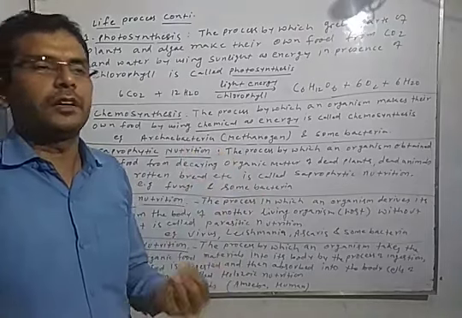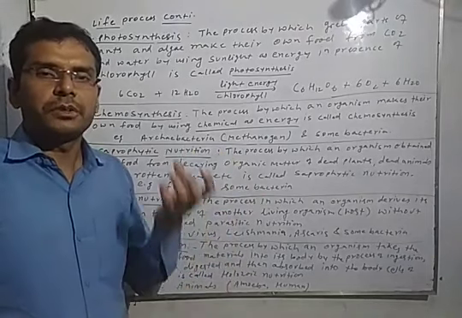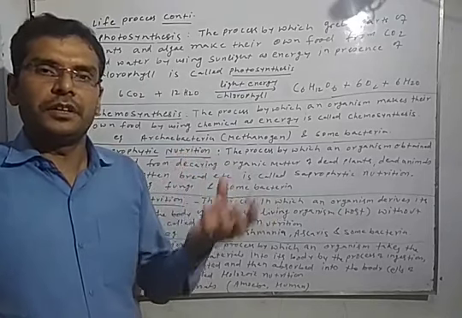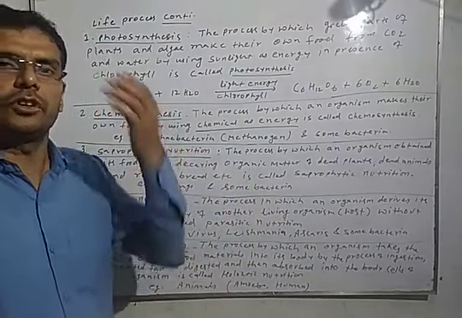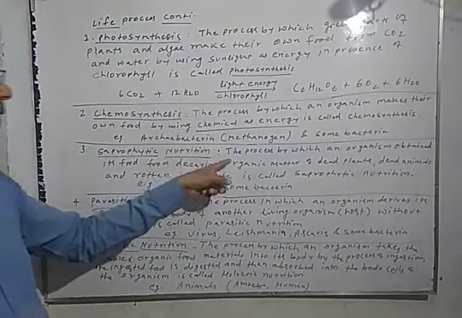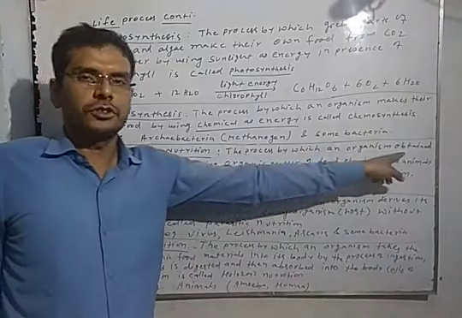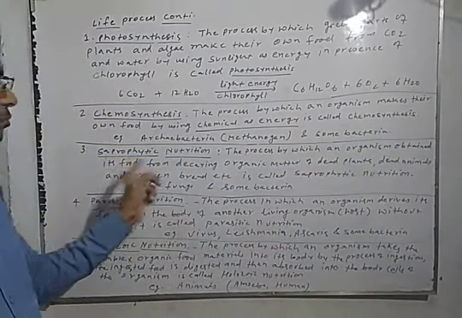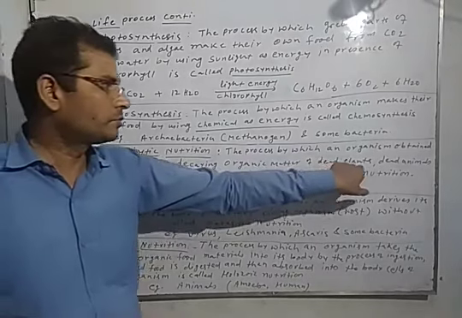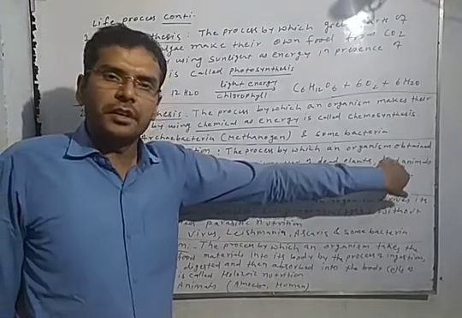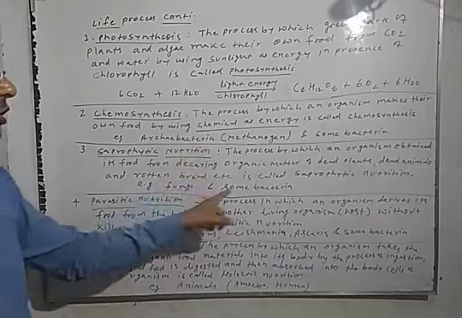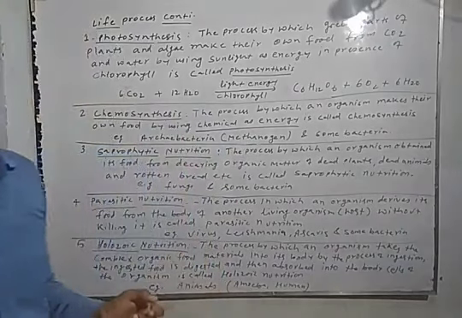Now, what is organic matter? The matter present in living organisms such as plants and animals is called organic matter. The process by which an organism obtains its food from decaying organic matter of dead plant parts, dead animal parts, and rotten bread is called saprophytic nutrition.